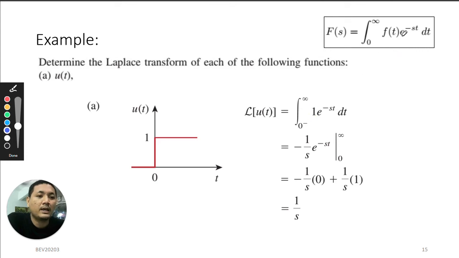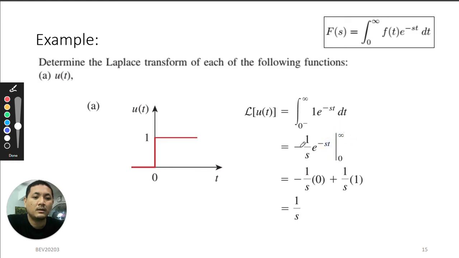We multiply f(t) with exponential negative st, and then we integrate this and we get 1 over negative s times e to the negative st, integrated from 0 to infinity. Then we replace t with infinity.